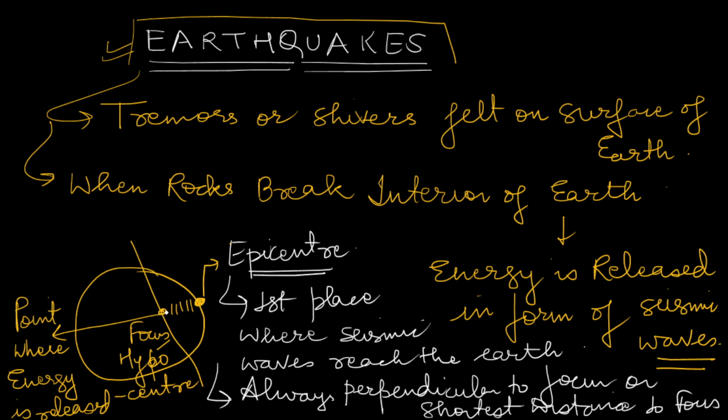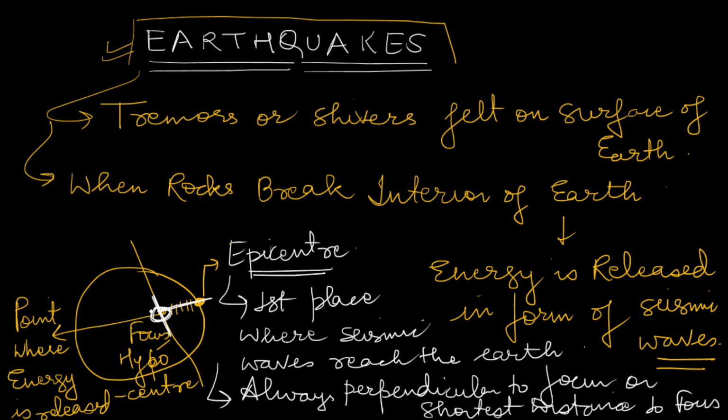So suppose this is the focus, it will always be perpendicular to the focus, or kind of the shortest distance to the focus where it will reach. So this is about hypocenter and epicenter. Do not get confused. A hypocenter is a point from where energy is released. It is inside the earth. But the epicenter is the point where it hits the earth for the first time. These are the basic things you need to know about earthquakes.